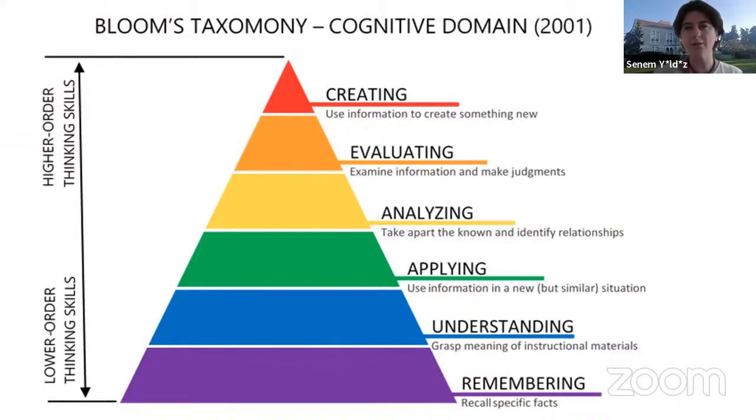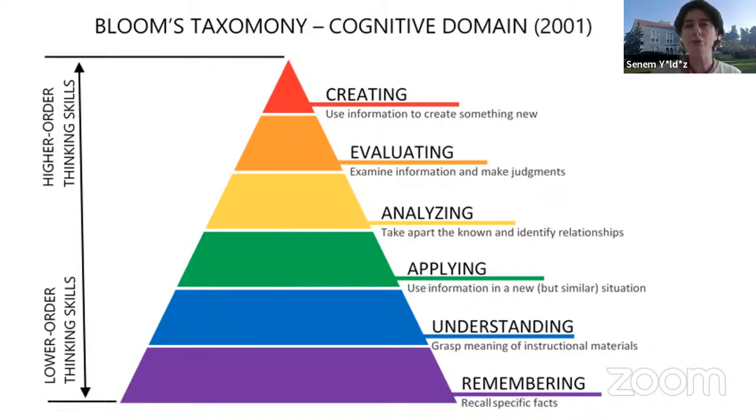contain cognitive operations that are relatively easy for students, but as we go upward in this graphic, we reach more cognitively complex and demanding cognitive operations. So those three require higher order thinking skills, whereas those three require lower order thinking skills.